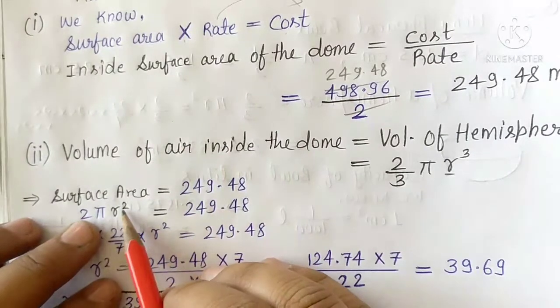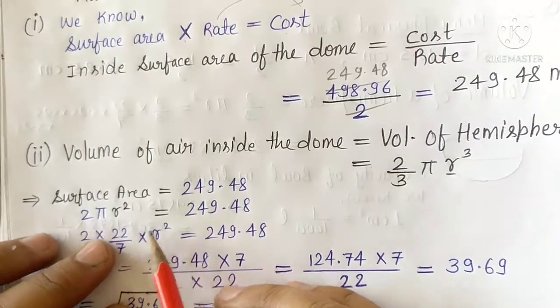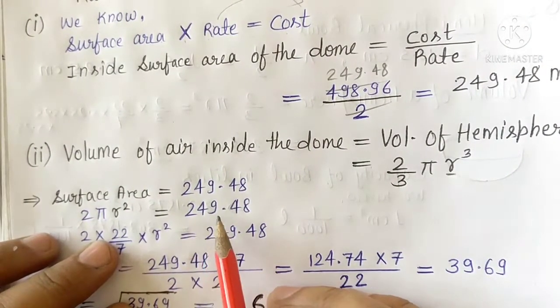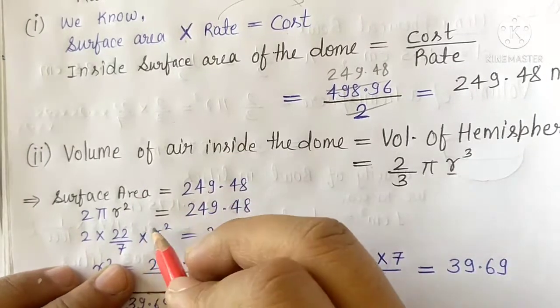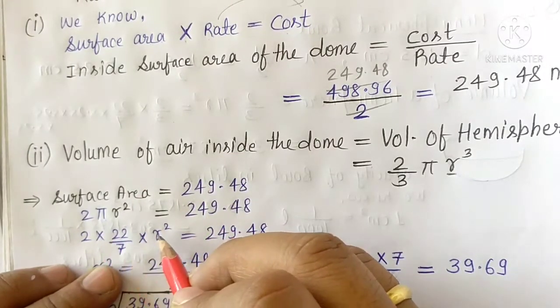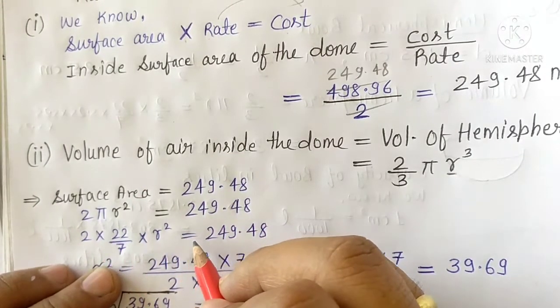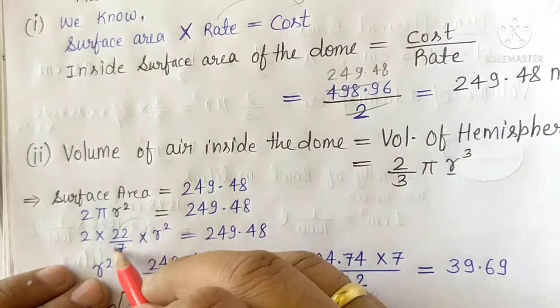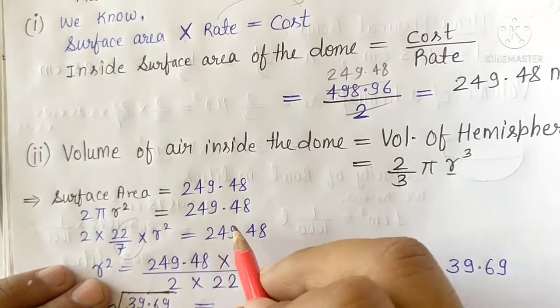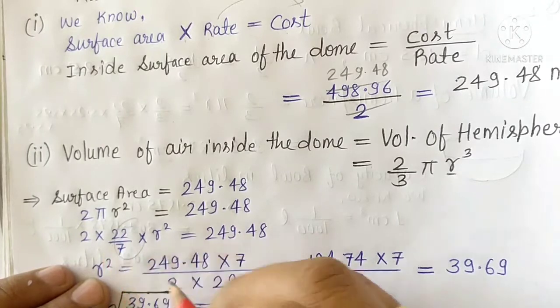So what is the surface area formula? 2 pi r square. The value we have found is 249.48. So it will come 2 into 22/7 multiplied by r square equals 249.48. We will take this to the other side, so 7 will go upside, 22 will come down, and 2 will also come downside.